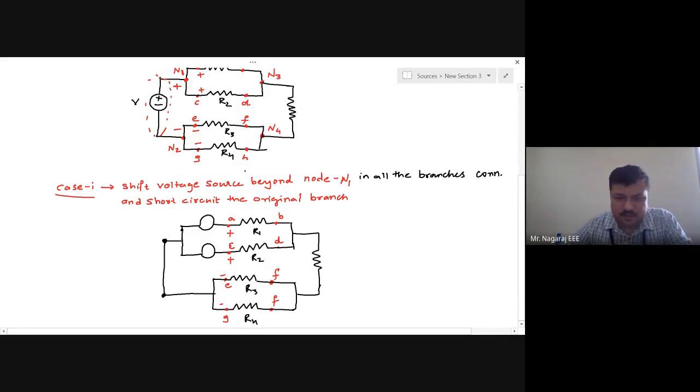Now, the polarities of these elements connected to the nodes should not change. Like that, I have to shift my voltage source. Now, this is of V volts. This is of V volts. Now, if the polarity of this terminal A has to be positive, then the direction of the voltage source should be like this.